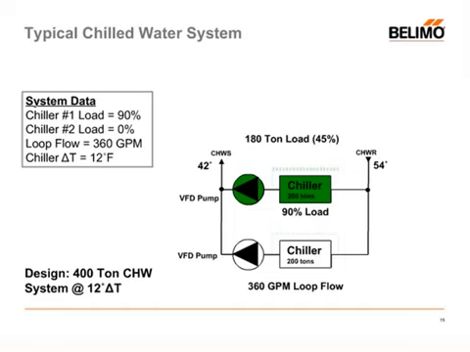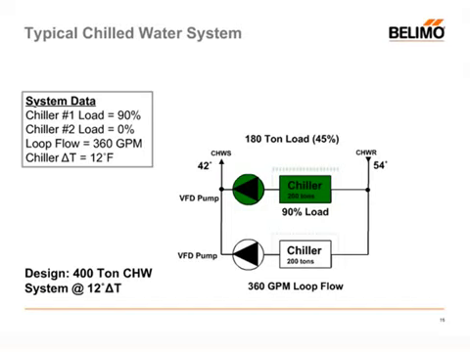With a 12-degree delta T, you have 42-degree chilled water supplied and 54-degree chilled water coming back. If the system is running as the engineers have designed it, then with a 45% cooling load, 180 tons, the required flow is 360 GPM, which is well within the capacity of one of the chillers.